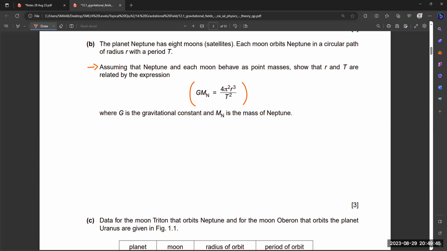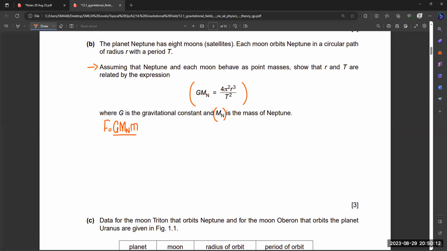So starting from the basics, we need to write the law first. One mass is the mass of Neptune and the second mass will be the mass of the moon, that is small m, right?